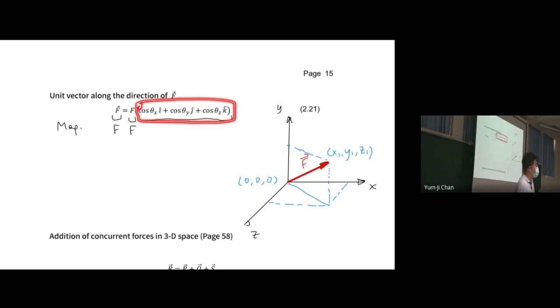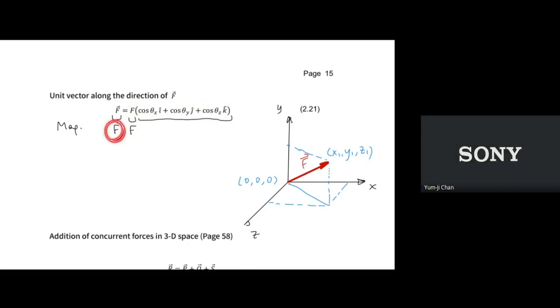The length of this vector here. What's the length of this vector? The magnitude of force F is F. The magnitude of the left-hand side is F. This one is a scalar. Of course, its magnitude is F again.